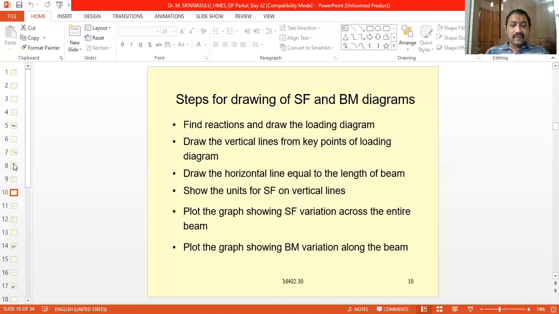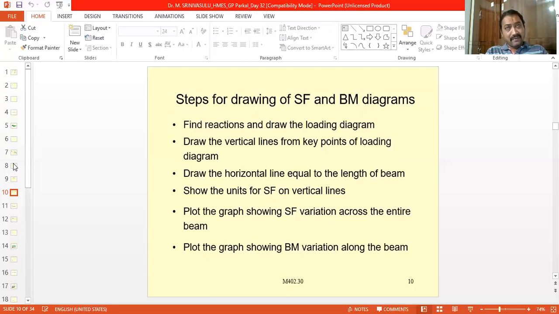Now these are the steps to be followed to draw the shear force and bending moment diagrams. The first point is to find the reactions and draw the loading diagram. A beam is supported at one point, two points or three points depending on the type of the beam, and some loads are also acting on the beam.